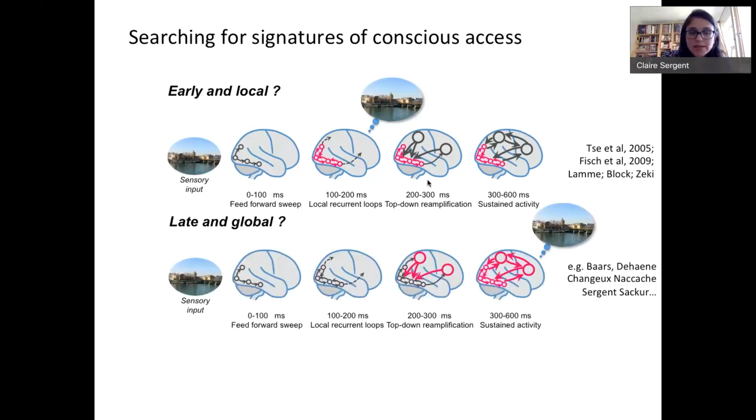Another possibility is the one defended, for example, by the global workspace theory, which postulates that what it takes for you to become conscious of an information is to have sensory information shared by higher level areas that allow some maintenance and flexibility in the processing of this information. And in this other extreme, what happens before that are just precursors of conscious access.